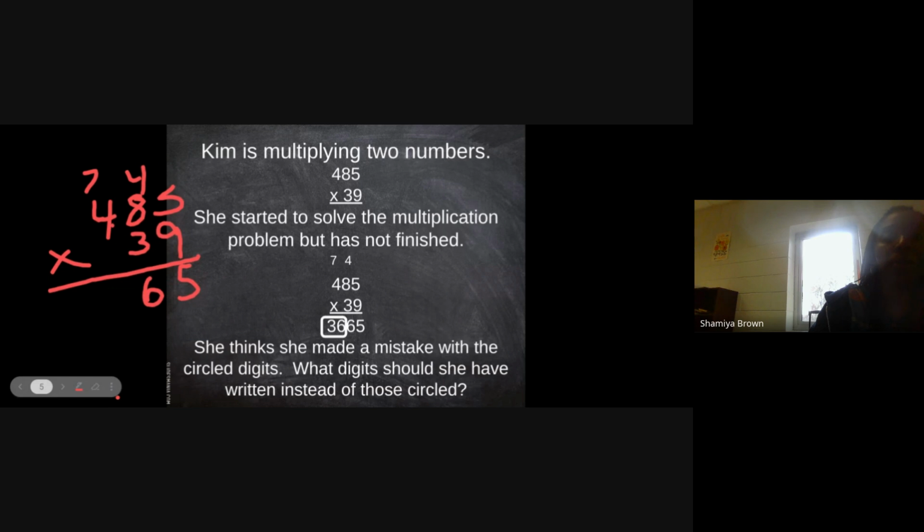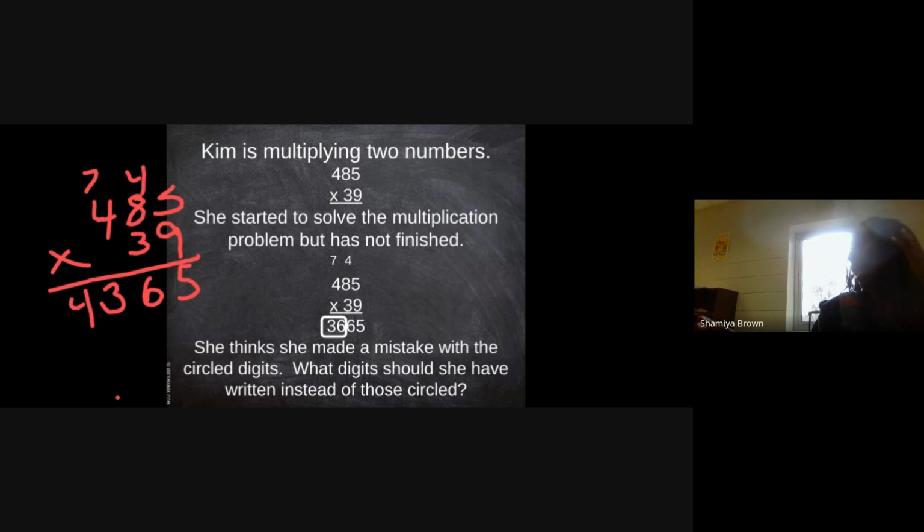Then I'm going to do 4 times 9 plus the 7. 4 times 9 is 36 plus the 7 would be 43. So I'm putting my 3 and my 4.